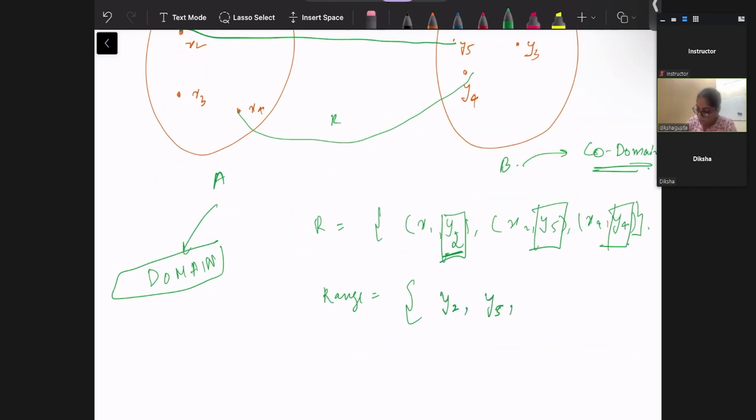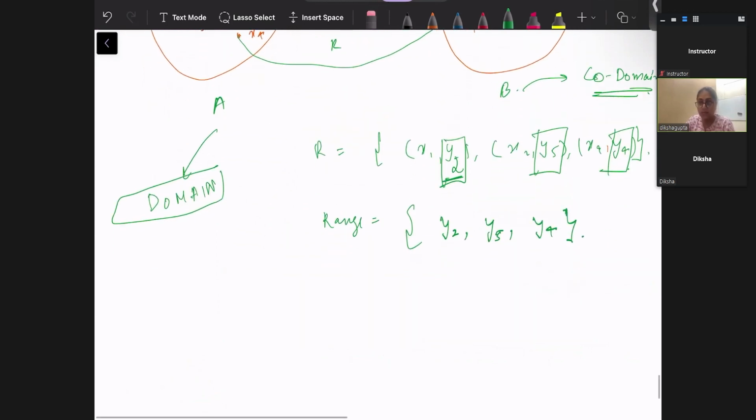Another mathematical way to say what a range is: if some element is in the range, then there exists some element from the first set such that the ordered pair is in the relation.